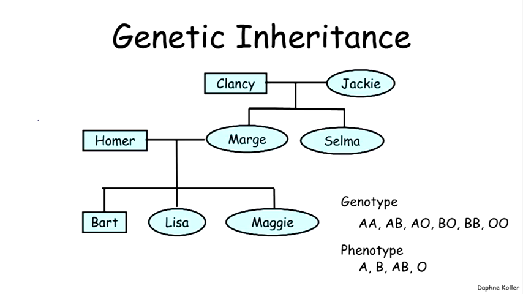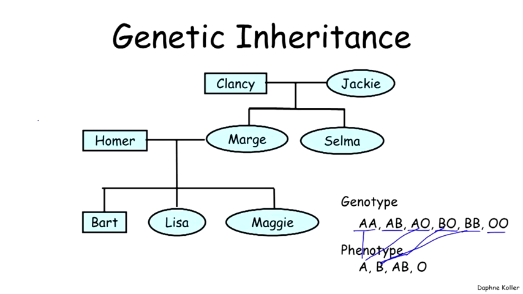And so the total number of genotypes that we have is listed over here. We have the AA genotype, AB, AO, BO, BB, and OO. So we have a total of 6 distinct genotypes. However, we have fewer phenotypes because it turns out that AA and AO manifest exactly the same way as blood type A, and BO and BB manifest as blood type B, and so we have only 4 phenotypes.